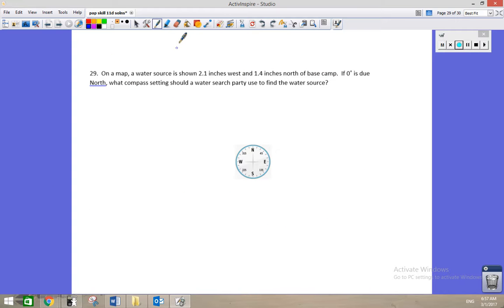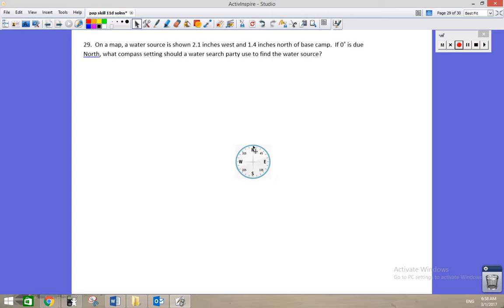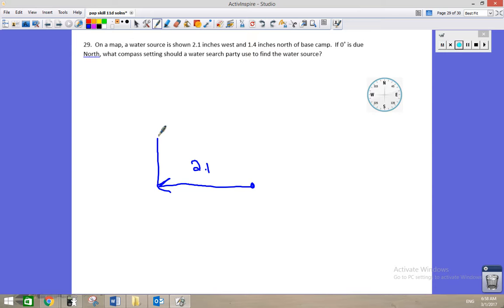Alright, so let's take a look at this next one. It's the same idea. On a map, a water source is west 2. So let's call west to the left. Then north, let's call north up. And these are both in units of inches.